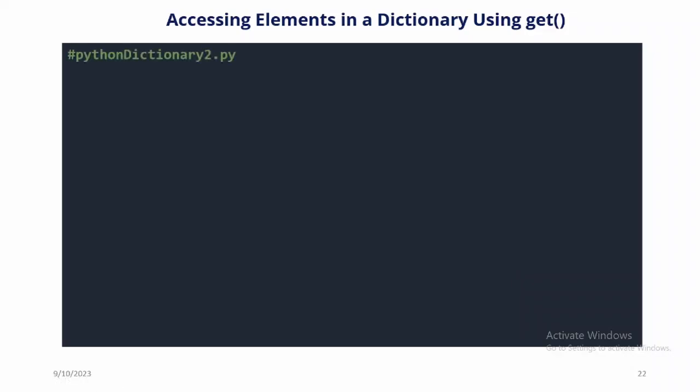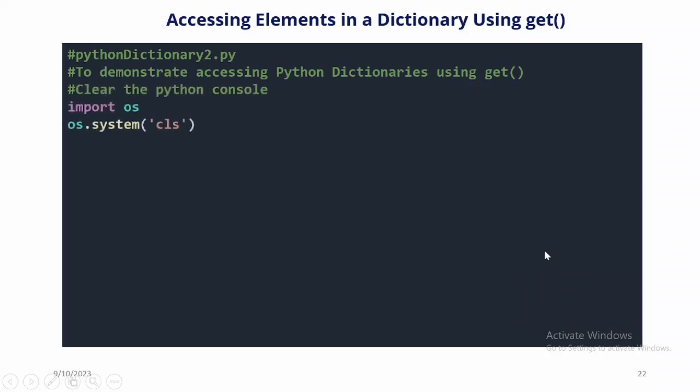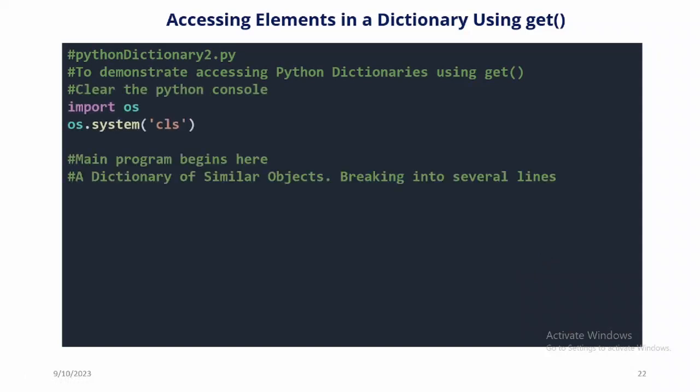Accessing elements in a dictionary using a function called get. If you have a dictionary of similar objects, you can break it into several lines when you write the code for the purpose of readability and clarity. So we create a dictionary that is called favorite languages.